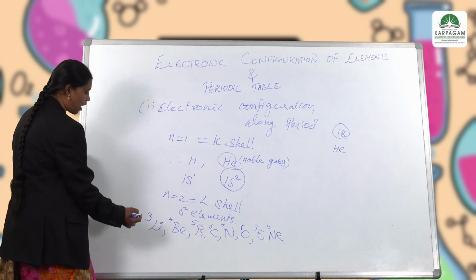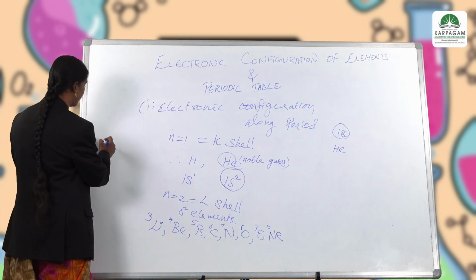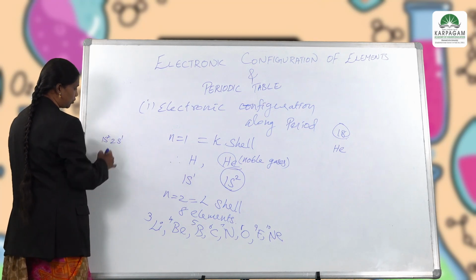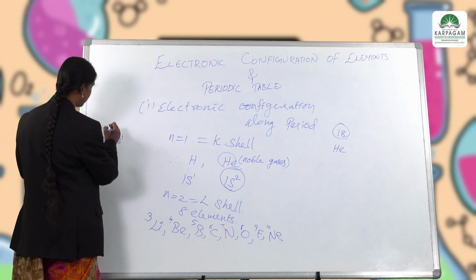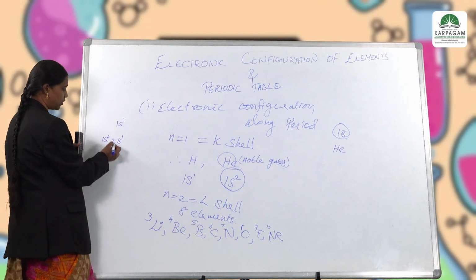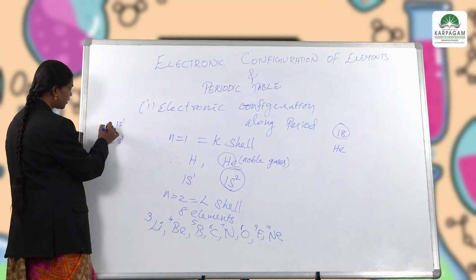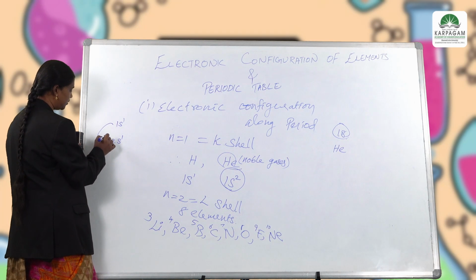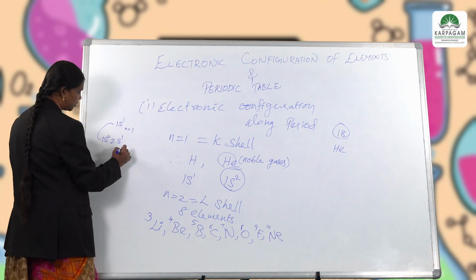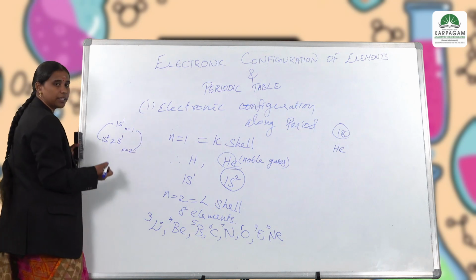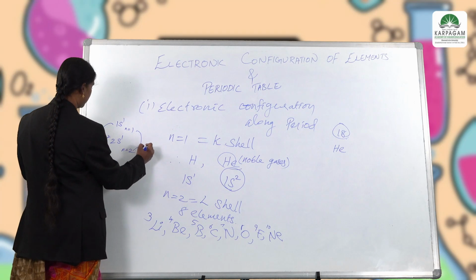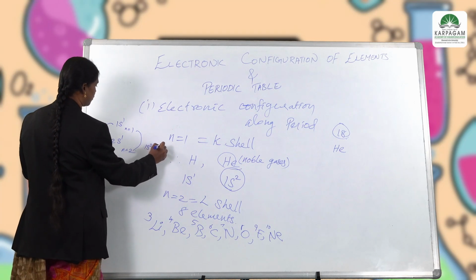Here the electron filling in lithium is 1s2 and 2s1. Hydrogen is 1s1, and for lithium it is 2s1. What this means is that the energy level increases from n equal to 1 to n equal to 2, and for beryllium it is 1s2 and 2s2.